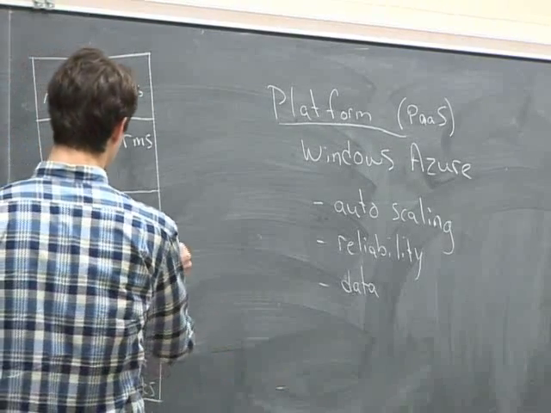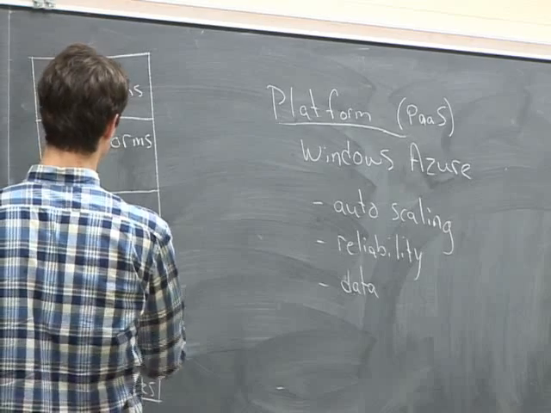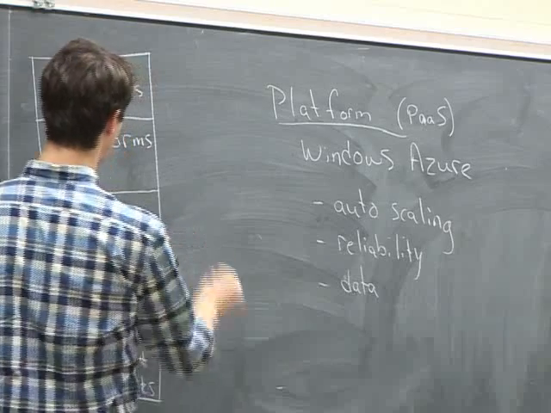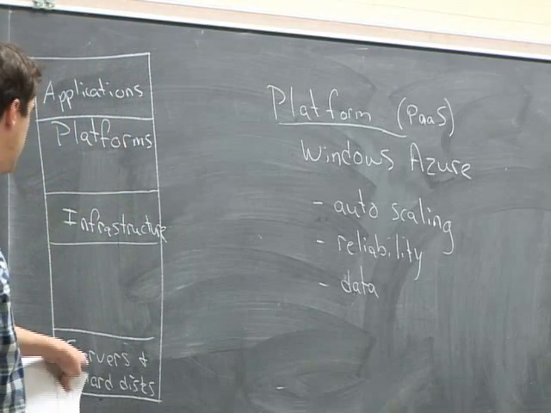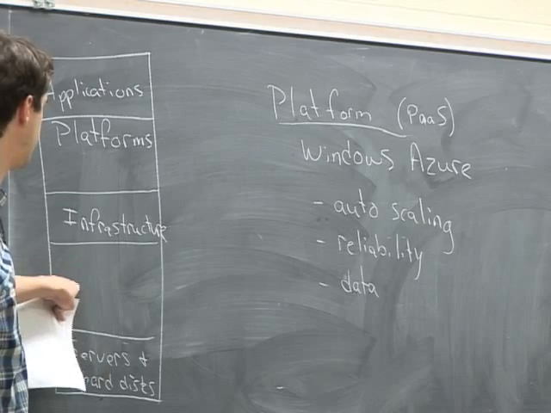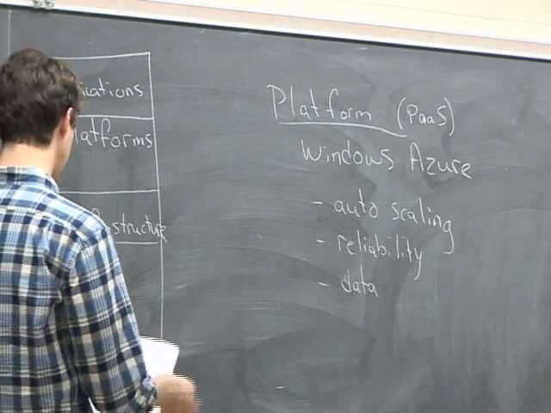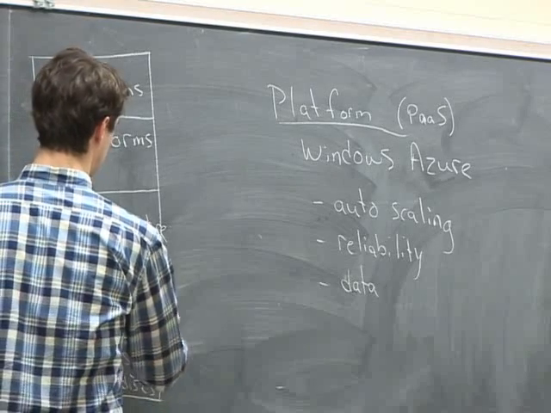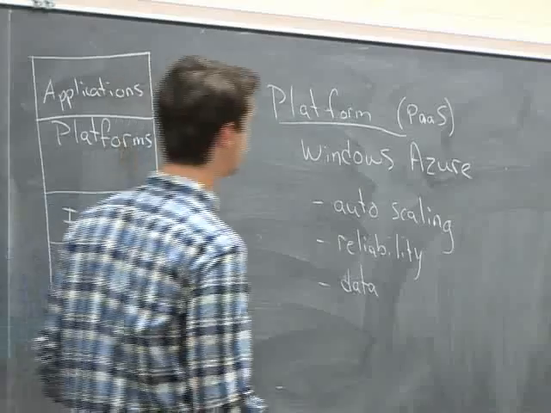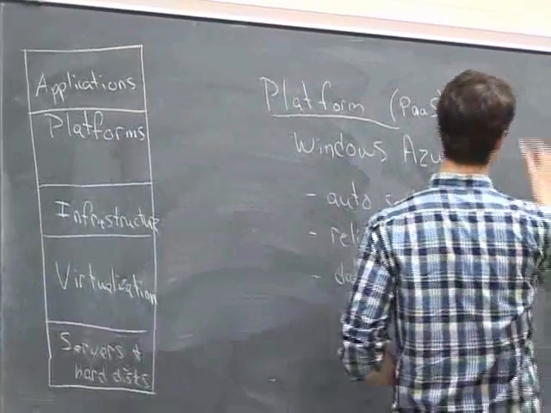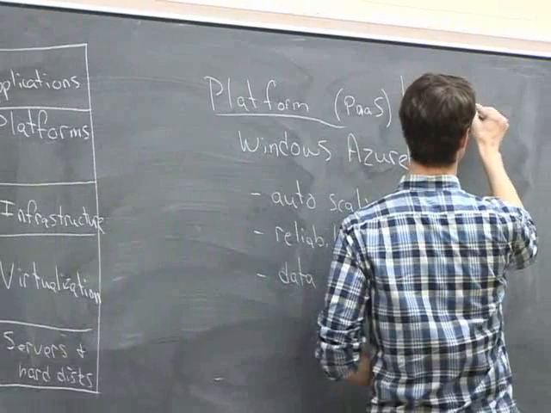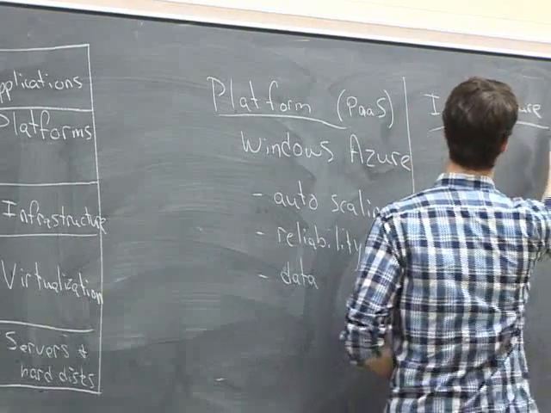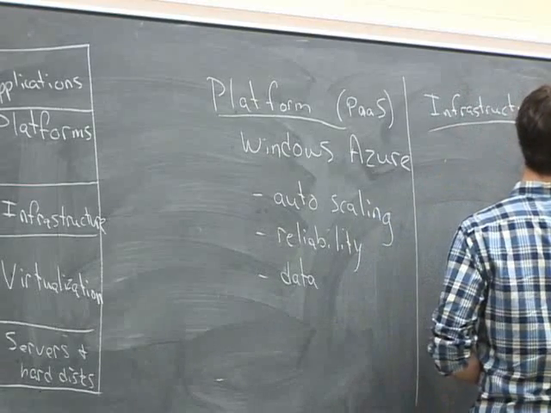Then on top of the platform, we have this notion of infrastructure. The infrastructure is really the servers plus the network plus virtualization. This is called infrastructure as a service.